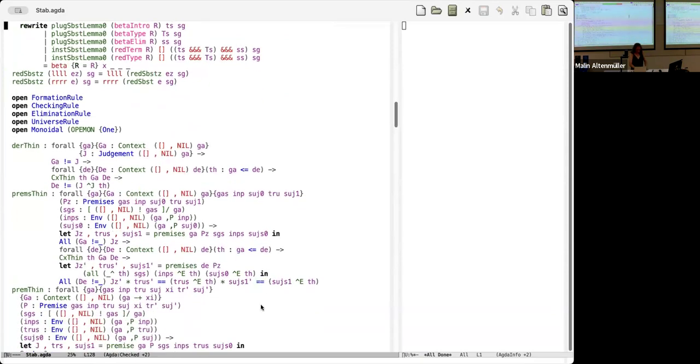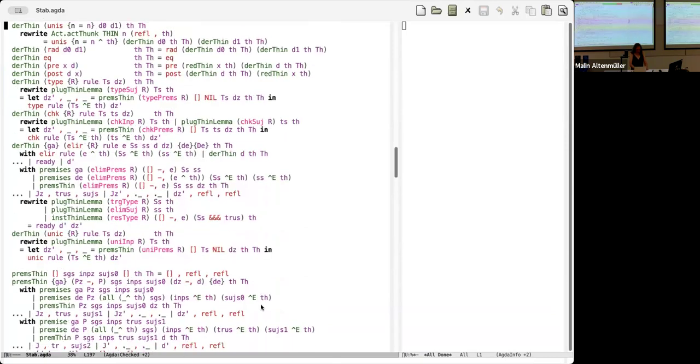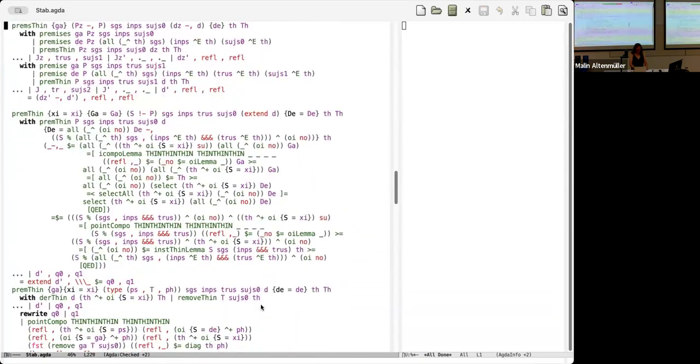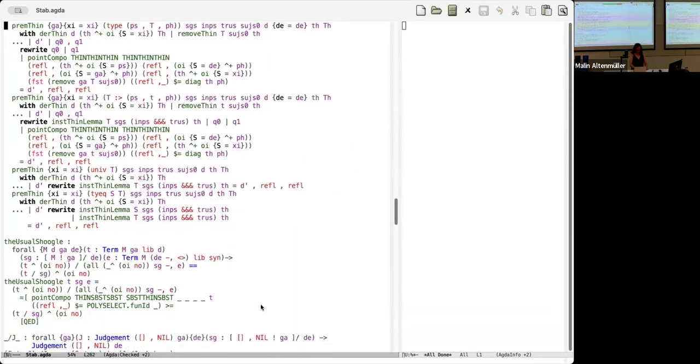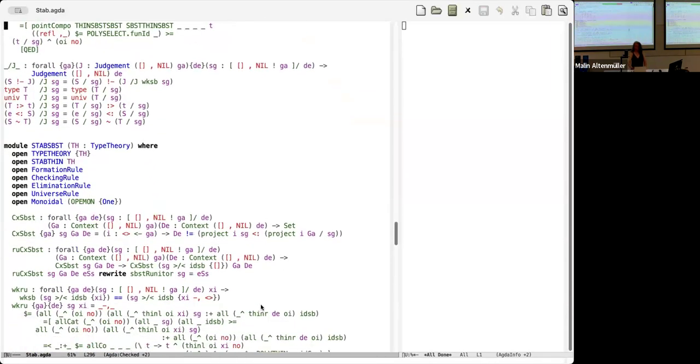And then once you've got that under your belt, there's a whole other module which says, and guess what? Everything in sight is stable under substitution.